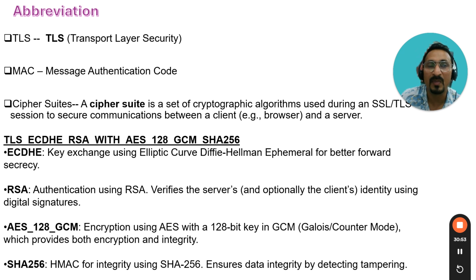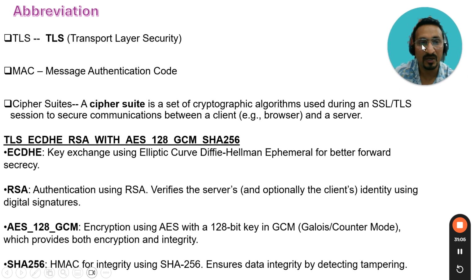As I told, this MAC code helps me with data integrity. A cipher suite is a set of algorithms used for the encryption and decryption of data for secure communication between client and server. I have already shown an example of a cipher suite and all its components.